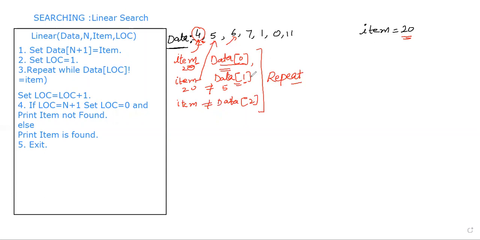Now the next question is, till when do I have to keep on doing it? For that, I have to keep on moving till I reach the final data item in my given array. If I assume the total number of elements in the given data set is n, then until I reach location number n, I need to keep on repeating the process of comparing two values with one another.